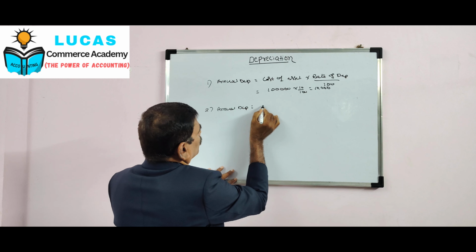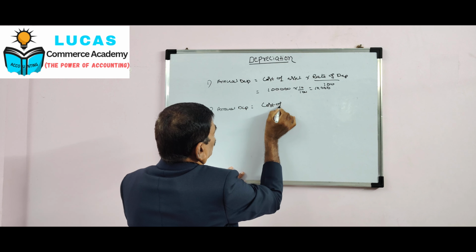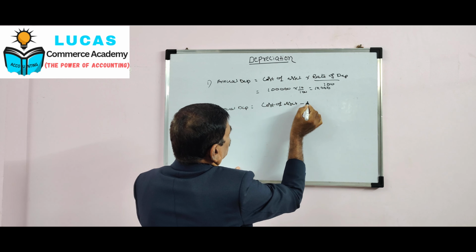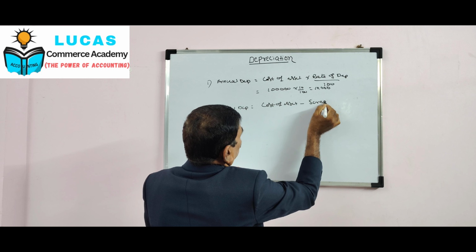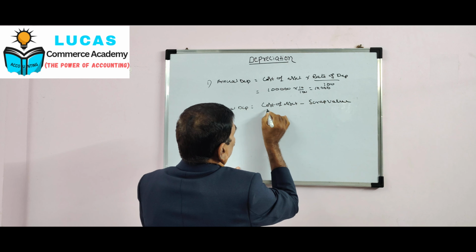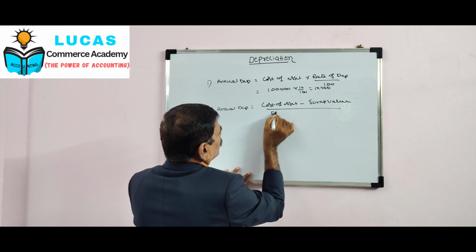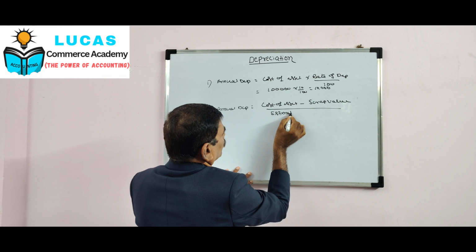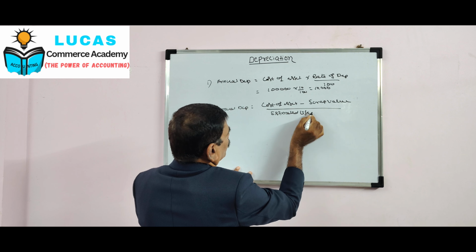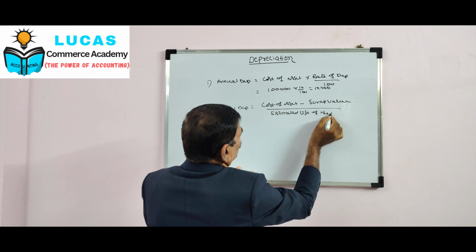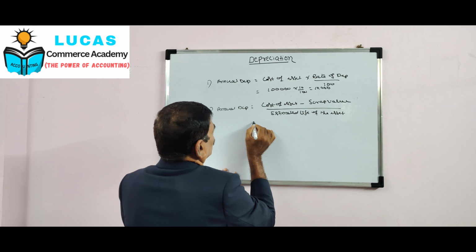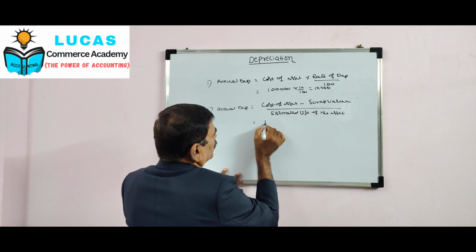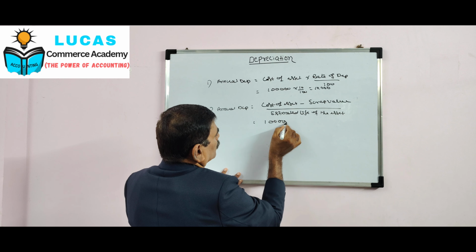Next, another formula. Annual depreciation equals cost of asset minus scrap value by estimated life of the asset. So cost of asset, say 1 lakh.